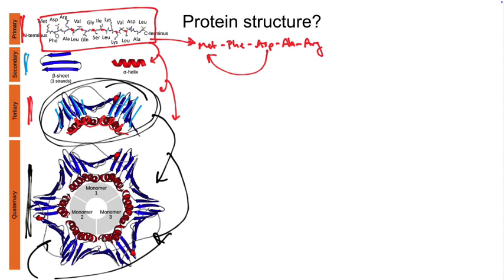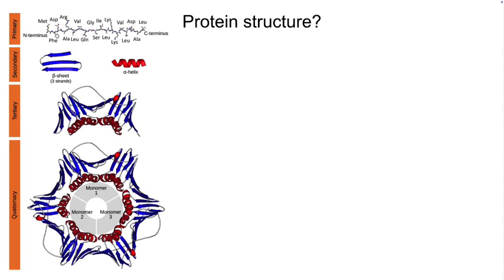Which is why when you look up a protein structure, rarely do you see primary structure. Usually what you're going to end up seeing would be your tertiary or your quaternary structures as your representations for proteins. Because there's just so many atoms within those, it doesn't make sense to convolute it with all of the individual amino acids and all of their individual structures.